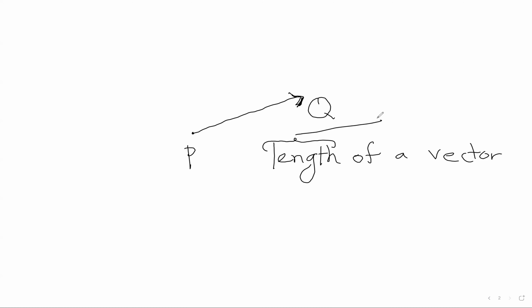Initial point P, terminal point Q. One thing about this vector is its length. So length of a vector. The other name that we might use is the magnitude of the vector.